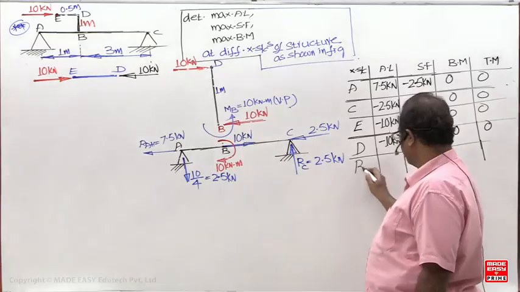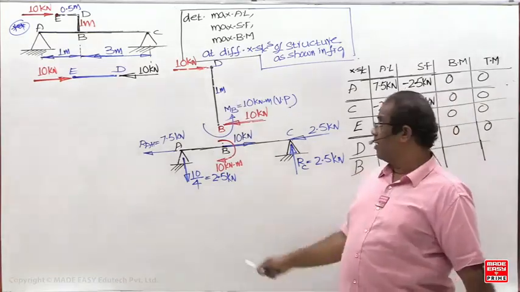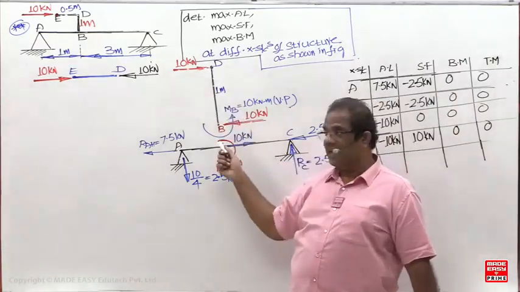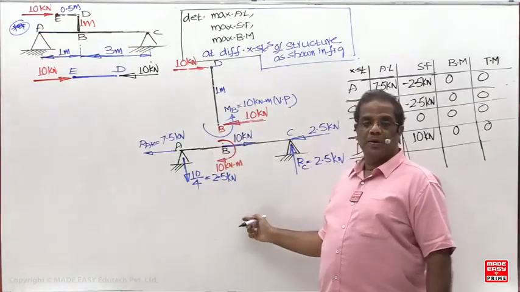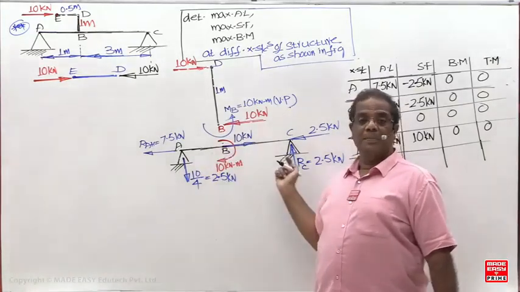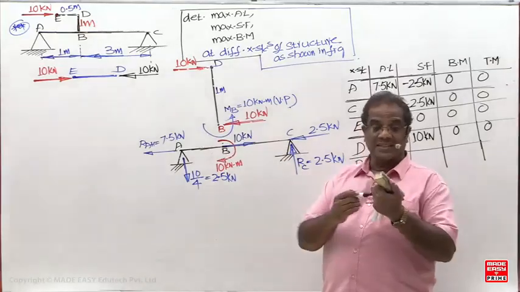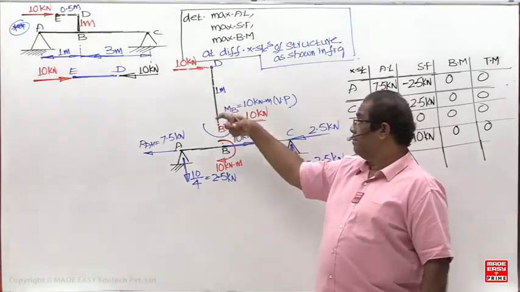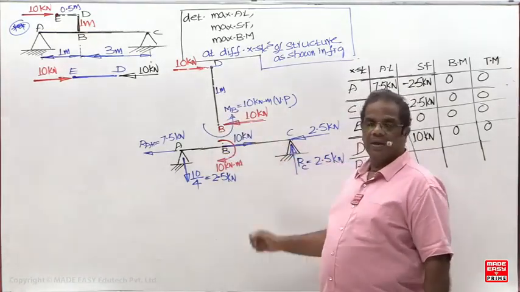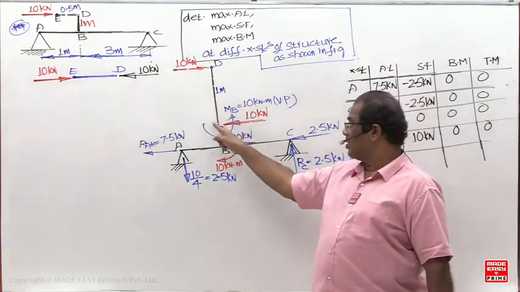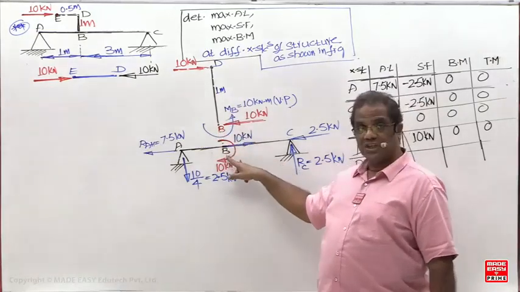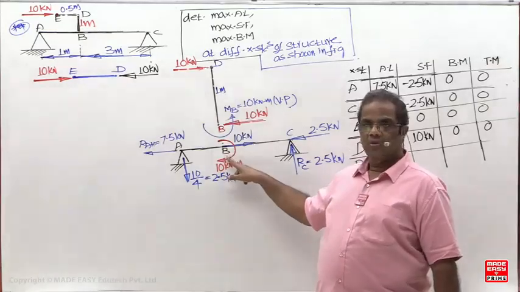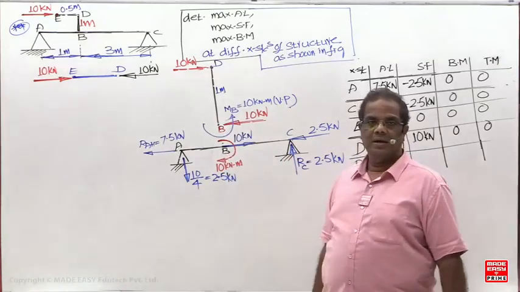Next at B. B is the junction of how many members? B is the junction of BD, AB and BC. If you ask only for the simply supported beam, B is the junction of AB and BC. But if you ask for the entire structure, B is the junction of BD, AB, BC. Now first, axial load. What is the axial load here? 0. This is the extreme end, but this is the junction, so this will be distributed.